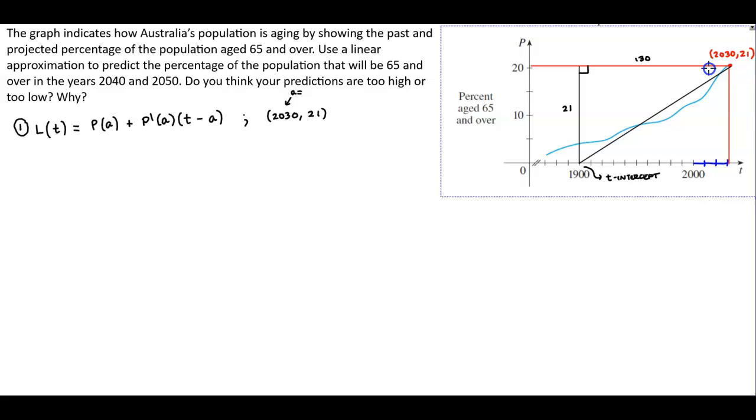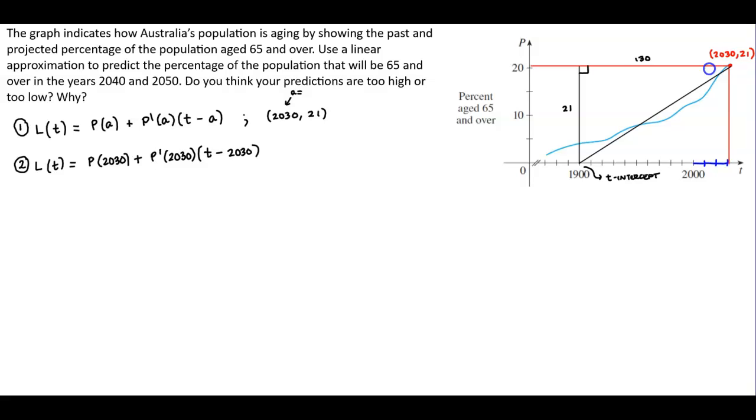Therefore, we can write this as L of t equals P of 2030 plus P prime of 2030 times t minus 2030.